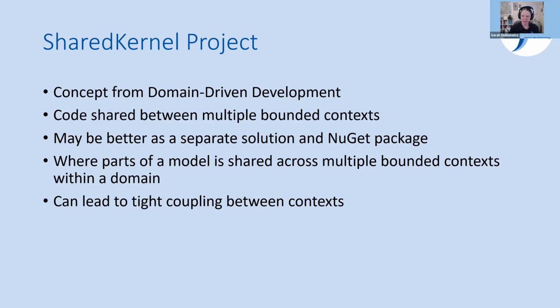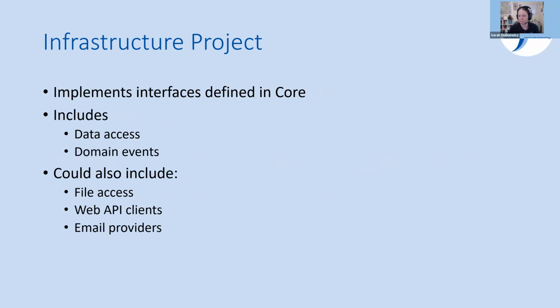You're going to see it used with multiple contexts where you're going to have one model or parts of a model that are shared for those different contexts, such as orders with inventory, things like that. The thing I'm willing to caution you with SharedKernel is that it can lead to tight coupling between your contexts. So we have a lot of loosely coupled stuff, but this can lead to tight coupling. So I have to call that out.